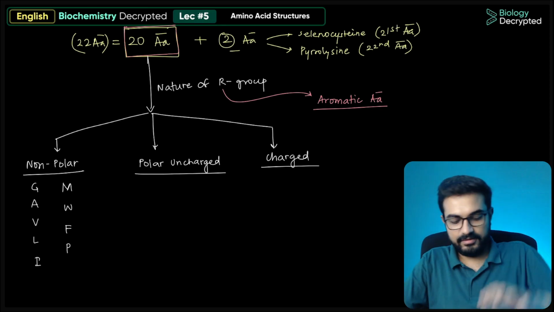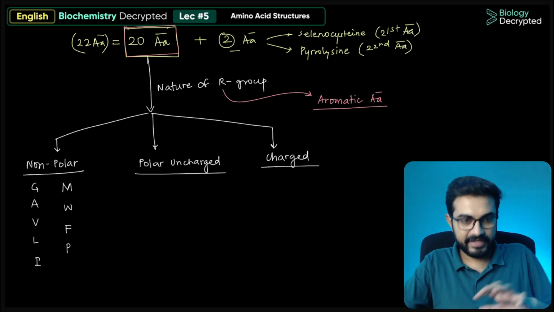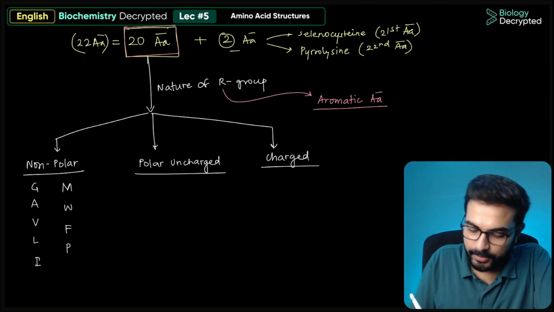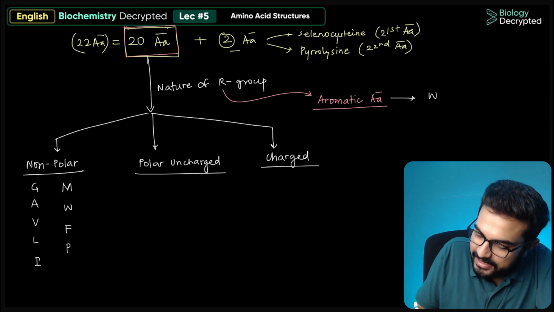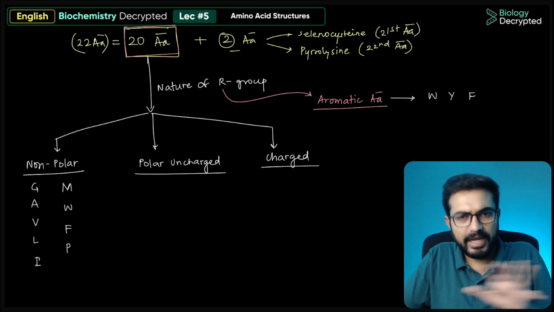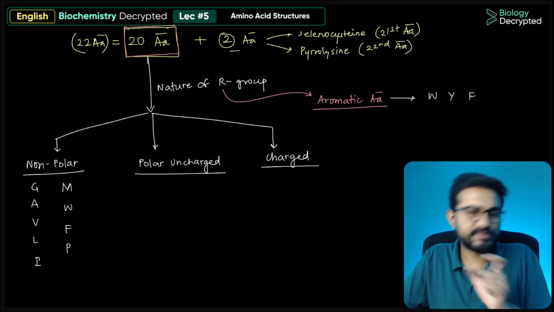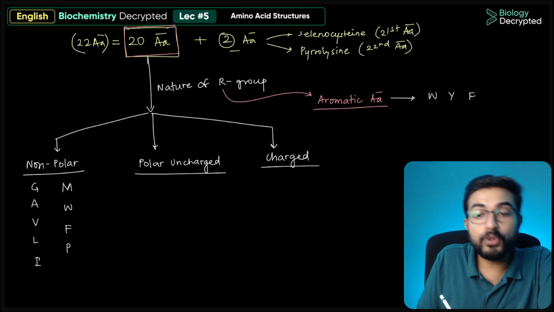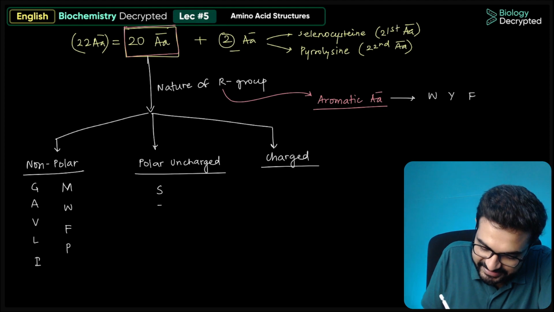This is a simple mnemonic for writing all the non-polar amino acids. If we talk about the aromatic amino acids, it's simply W, Y, and F. I'll tell you about the full names and the three-letter codes. Don't worry.